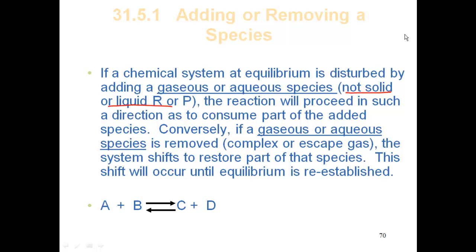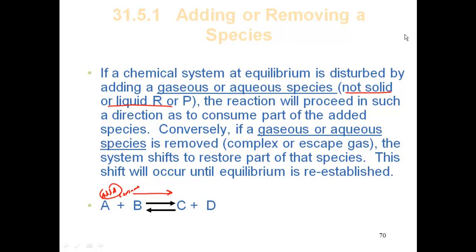So you have a reaction, say A plus B gives me C plus D. If I add any A to this reaction, it's now imbalanced. I have more A than I'm supposed to have at equilibrium. It's going to have to consume that A by shifting to the right, and produce more C and D to balance it out.